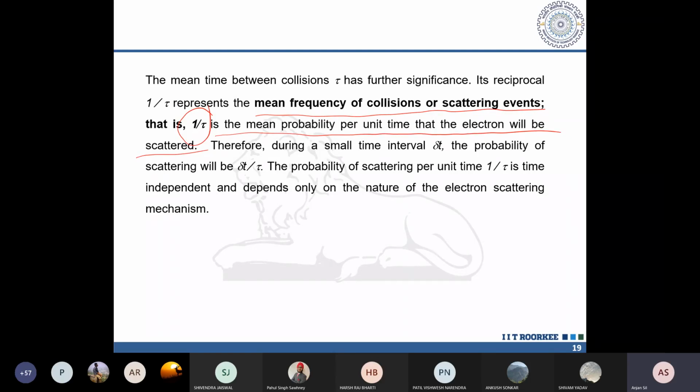Therefore, over a small time, say delta t, the probability of scattering will be delta t by tau. So the probability of scattering per unit time is time independent and depends only on the nature of the electron scattering mechanism. You have to realize two things here. I said one slide before that the effect of time variation of the electric field has not been taken into consideration when we talk of tau at this point.